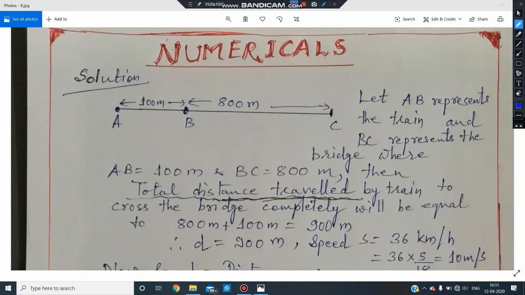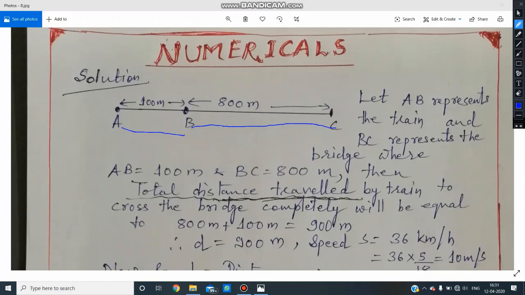Let's draw a diagram to represent the situation given in the previous question, where it is mentioned that the train is of 100 meters. Say this AB is representing the train and the bridge is of 800 meters. Say this BC is representing the bridge. So when the train has to completely cross this bridge, it will be entering at point B, say.